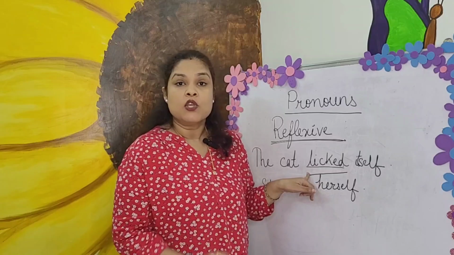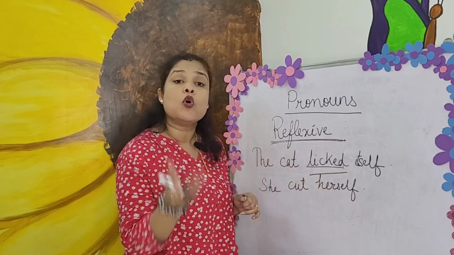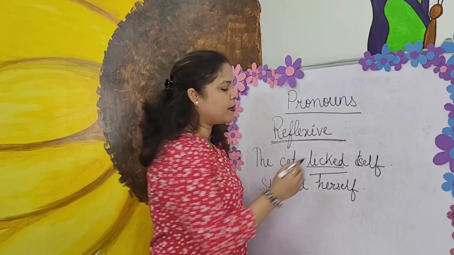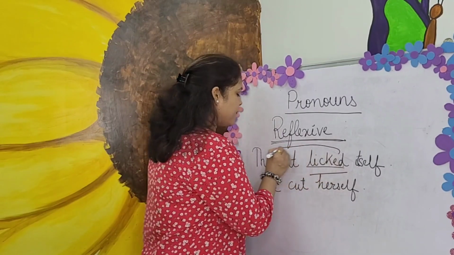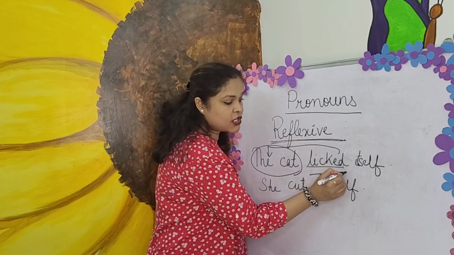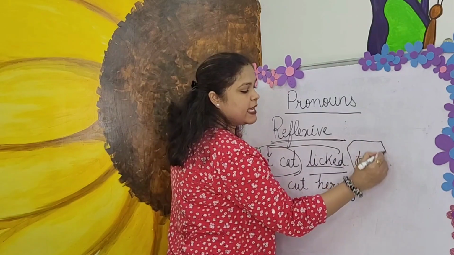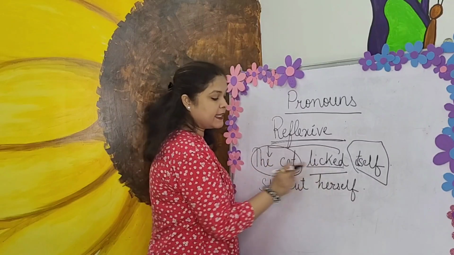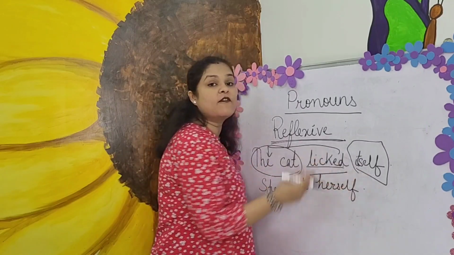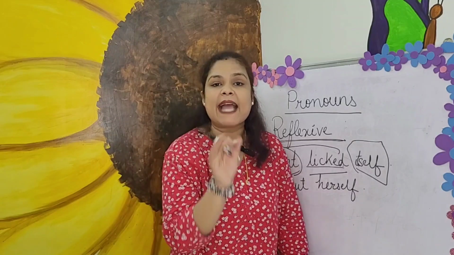It was licking. So the action performed by the cat is licking. On whom is this action being performed? The action is being performed on the cat. So the pronoun itself shows that the cat is licking itself, meaning the action is being performed on the cat.